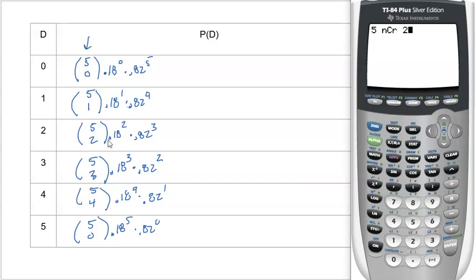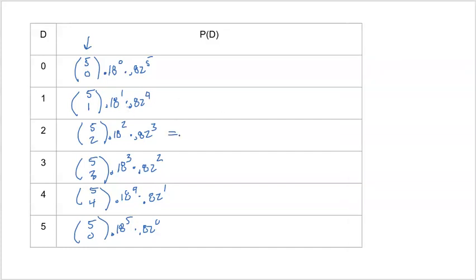But this is the 5, choose 2, and that tells me there are 10 different ways that can happen. So I take 10, multiply by 0.18 raised to the 2 defective batteries, times 0.82 raised to the 3. So there are 10 different ways that you could have 2 defectives, 3 non-defectives, and boom, there's your probability, 0.1786.